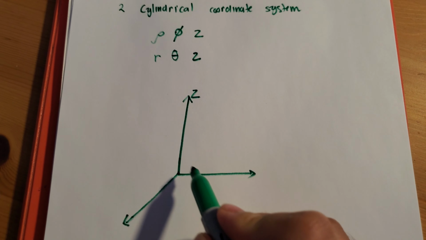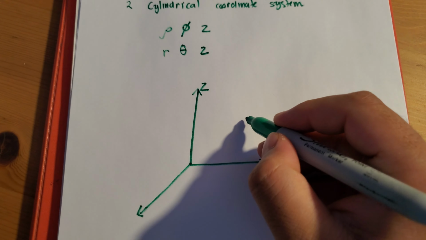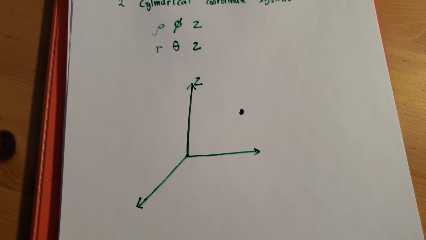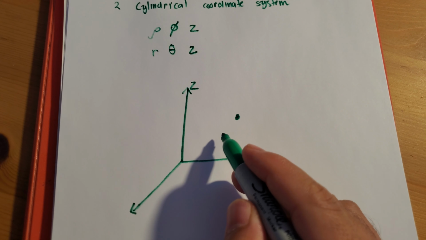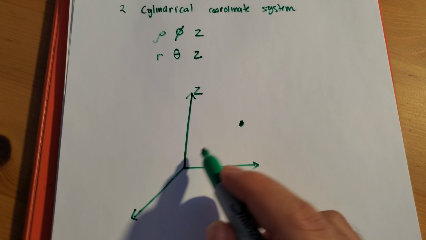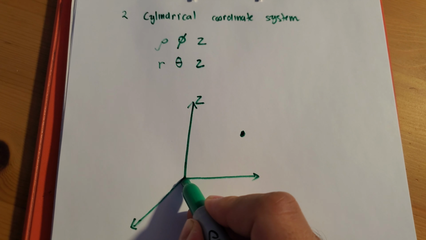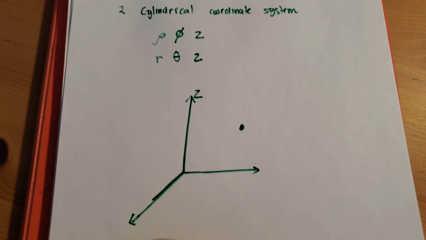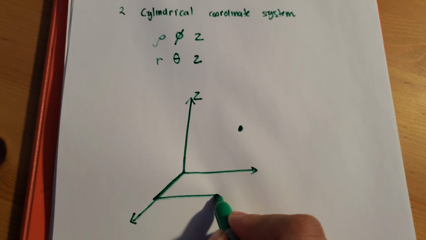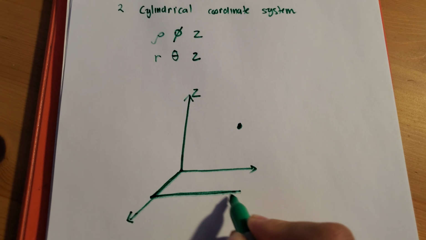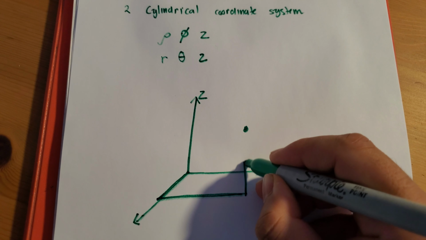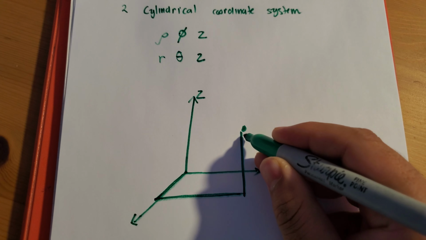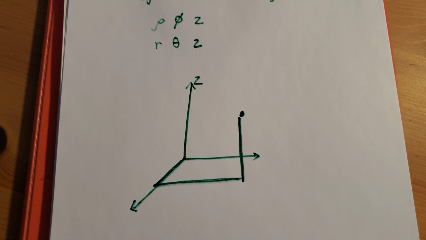So in this case, let's say that I have a point up here. To identify this in the case where we move in the x, y, z, we can say that we move in the x direction by this much, we move in the y direction by this much, and then we move in the z direction by this much, right?